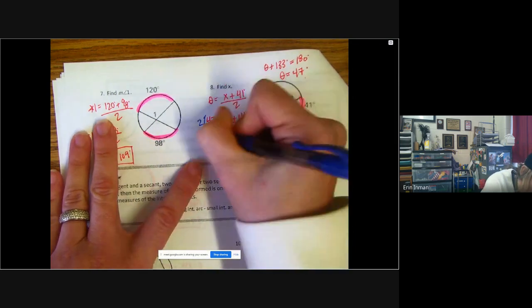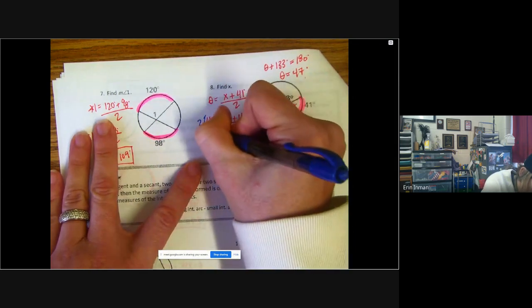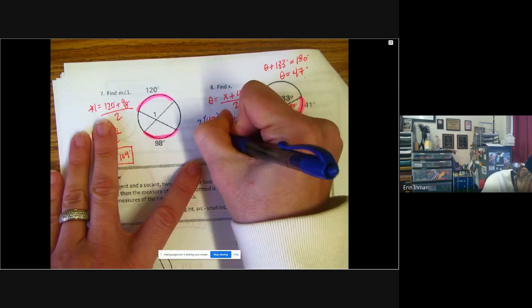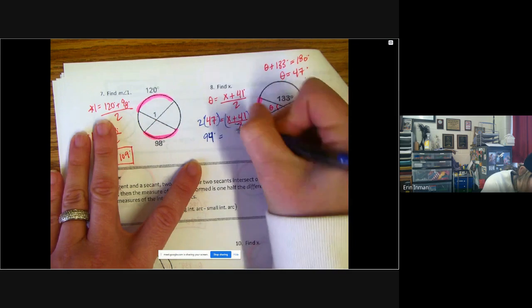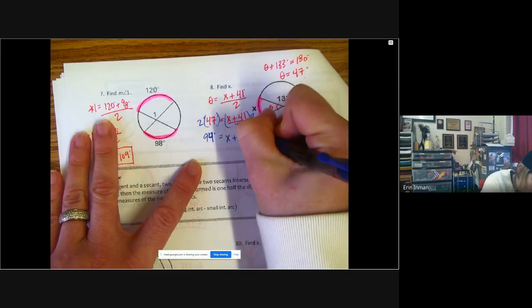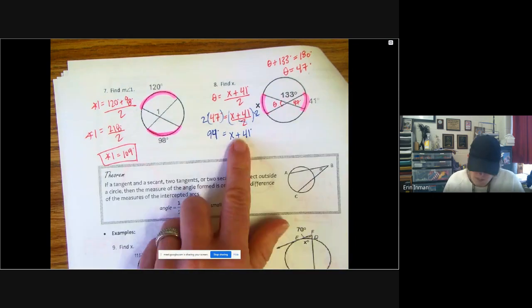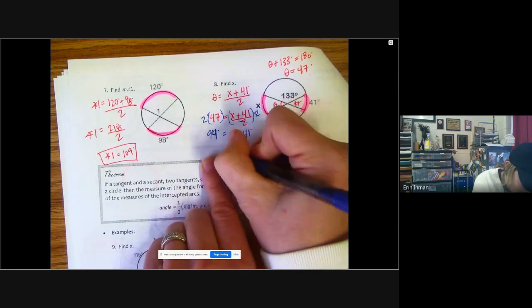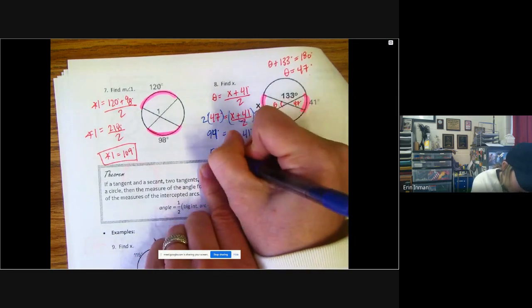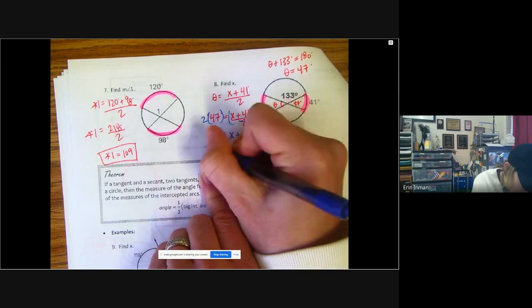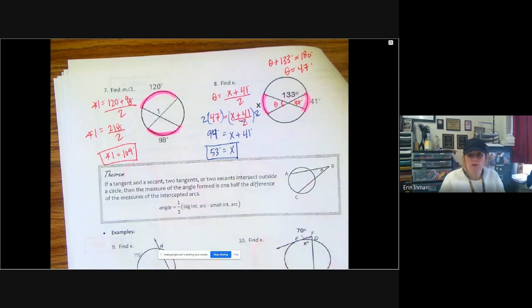So then I end up with 94. And then I'm going to subtract the 41 from both sides, and I end up with x being a measurement of 53 degrees.